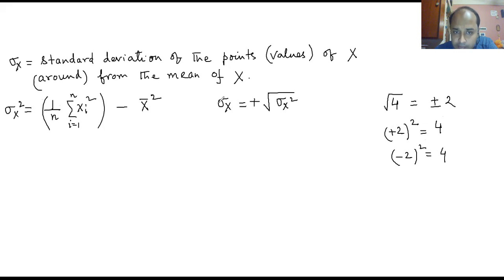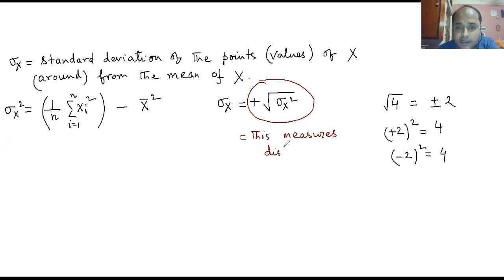But we shall not consider the negative square root. So this point is very important. We only consider the positive square root because this is actually the measure of distance, and distance cannot be negative.